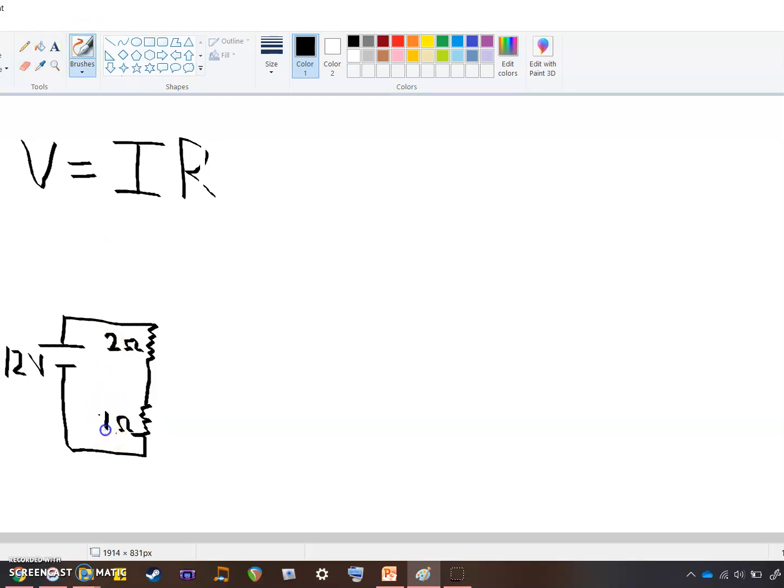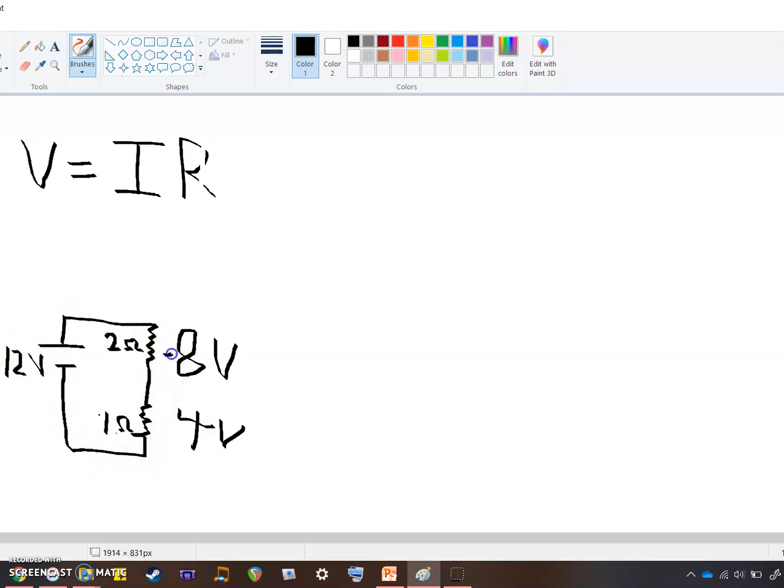So now we're going to have a bigger voltage drop across the 2 ohm one. So the voltage drop here would be 8 volts, and here would be 4, right? Again, 8 plus 4 is 12, so we're back to 0 volts, and we get to the battery.